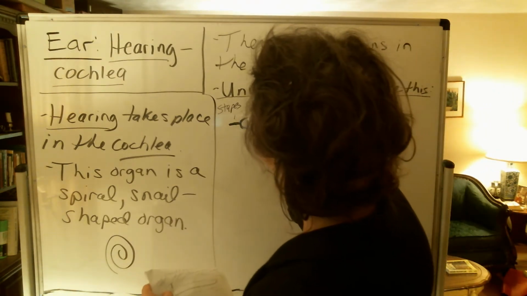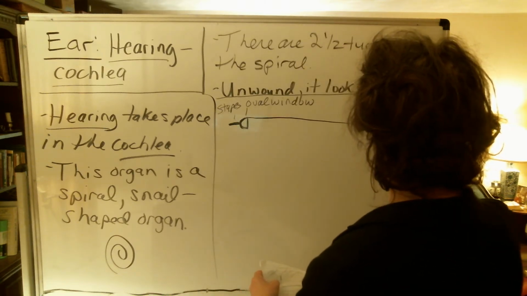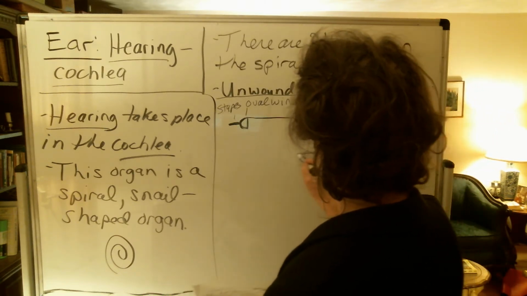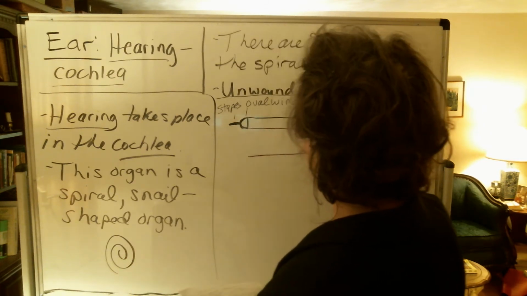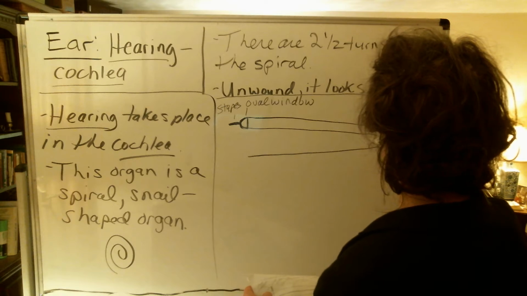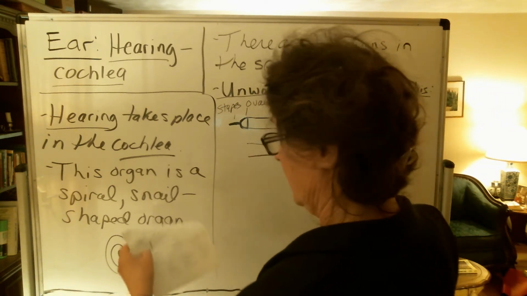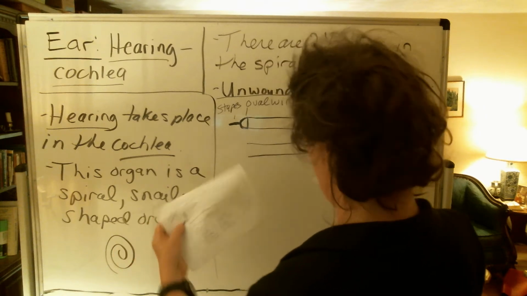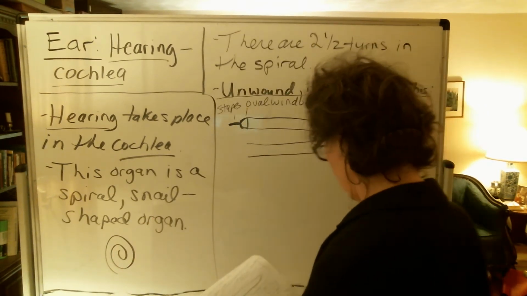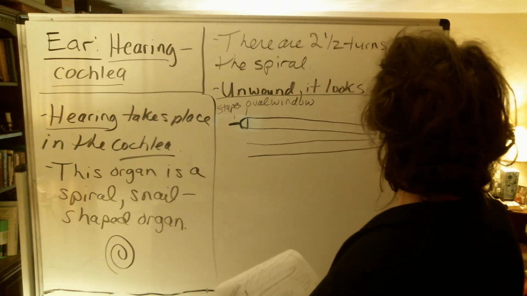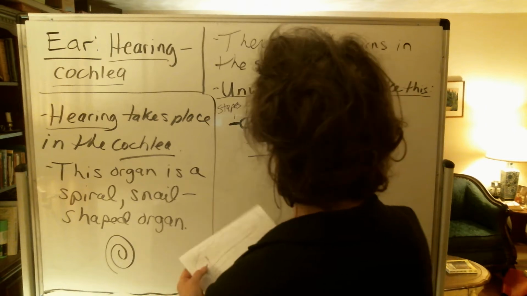And then we have this long tube of a thing. Remember, this is the unwound cochlea. So, roughly like that. More or less all equal sizes.